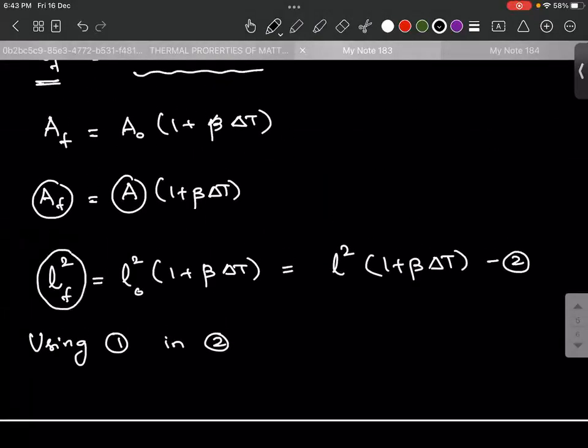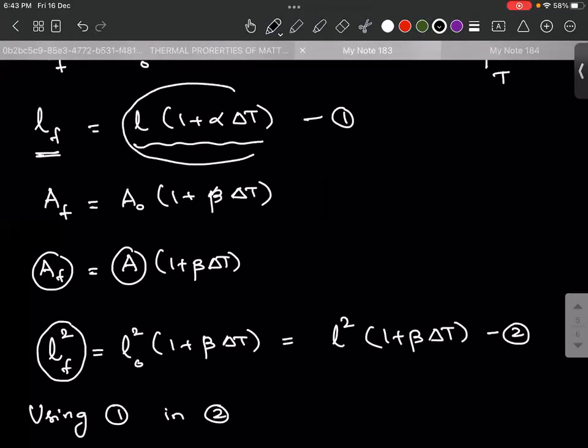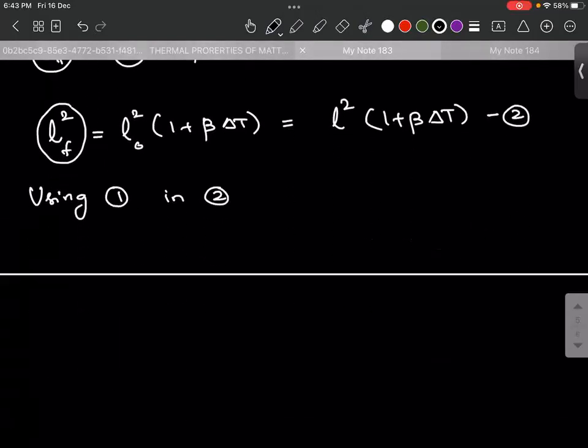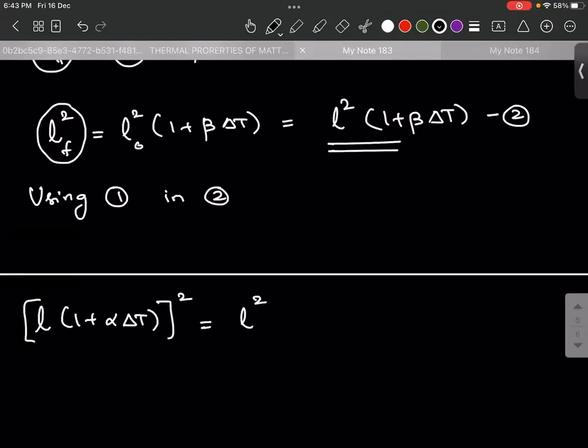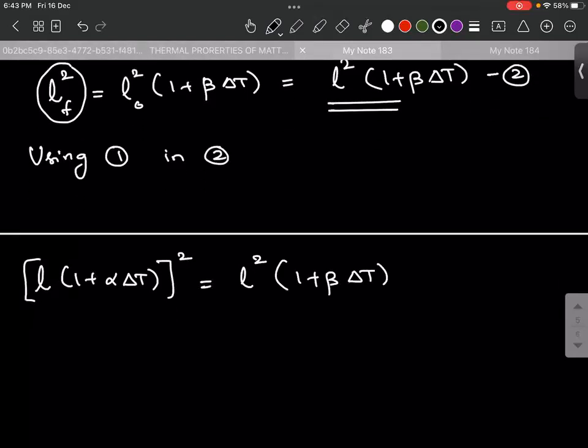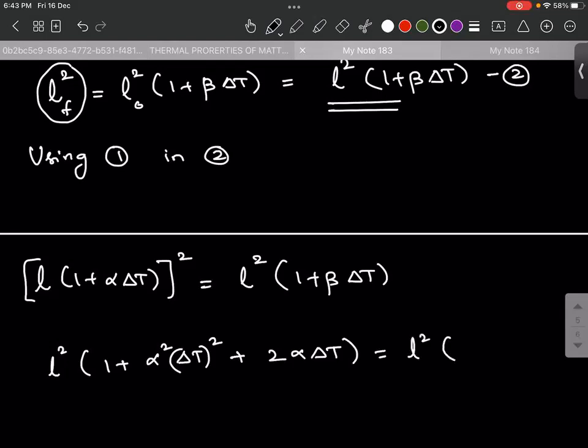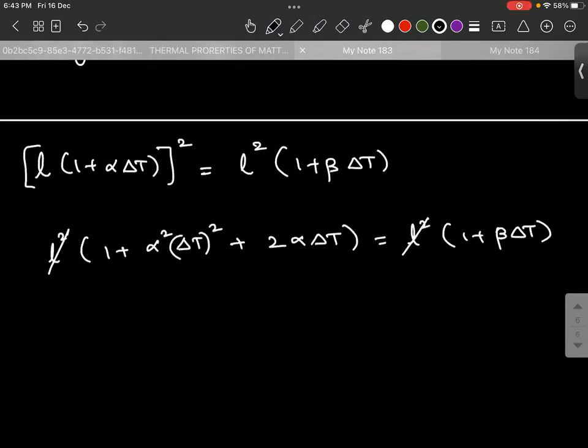In the place of L final, I will write L into 1 plus alpha into delta T. So L into 1 plus alpha into delta T, the whole square, will be equal to L square into 1 plus beta into delta T. Now, this will be L square into 1 plus alpha square delta T square plus 2 times alpha into delta T. This will be equal to L square into 1 plus beta into delta T. So here L square and L square will get cancelled.